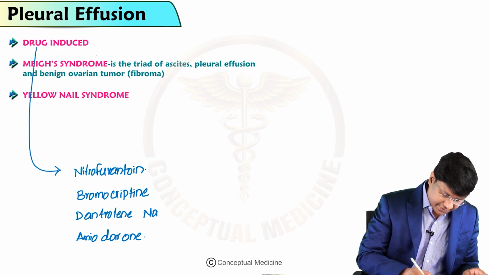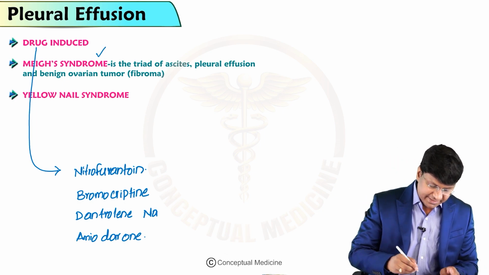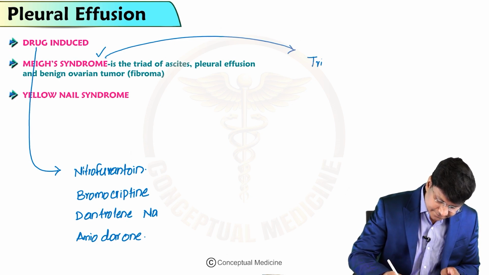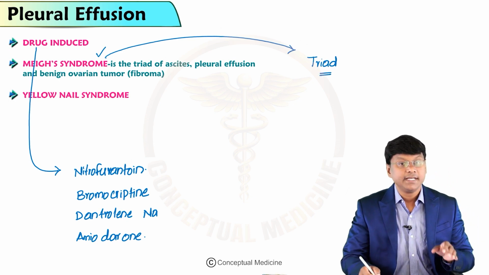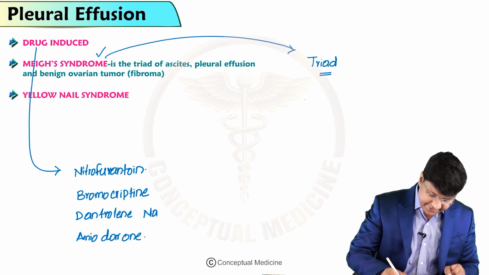And we have another important syndrome, that is Meigs syndrome. This Meigs syndrome is characterized by a triad. Now, what does this triad constitute?